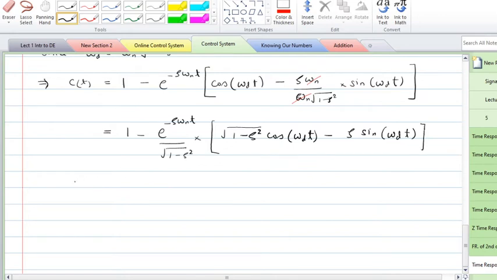Okay, now put sine of phi equal to under root 1 minus zeta square, so this will give you cos of phi equal to zeta. Please remember these two factors.